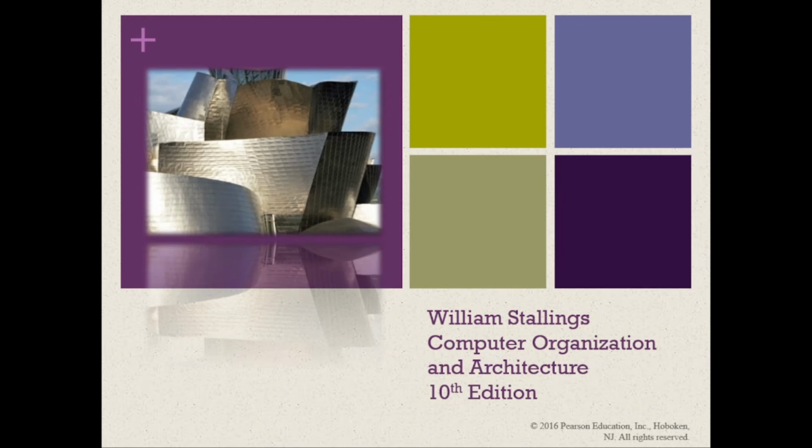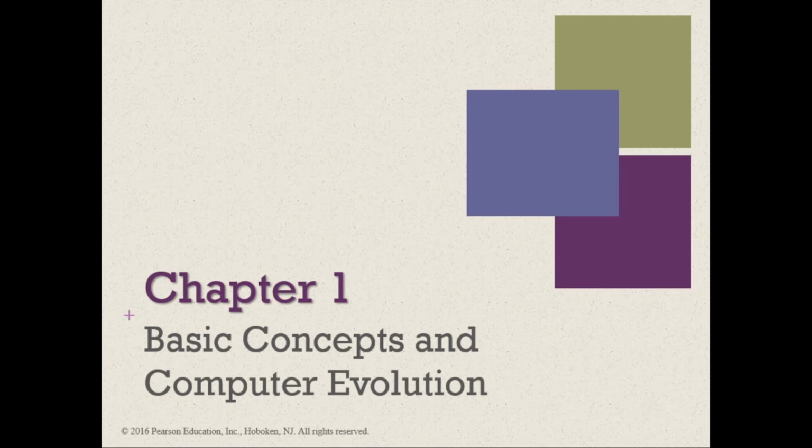So let's start. Our first chapter is Chapter 1, Basic Concepts and Computer Evolution. In a class of computers called microcomputers, the relationship between architecture and organization is very close. Changes in technology not only influence organization, but also result in the introduction of more powerful and more complex architectures.